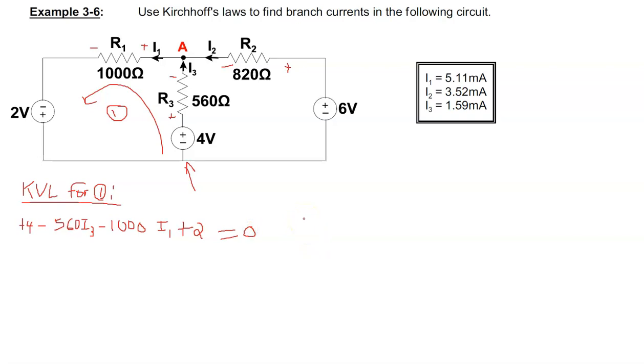Now we should simplify as much as we can. If we're going to make the coefficient on the first variable in the first equation positive, we'll start off with 1000 I1 plus 560 I3 is equal to 6.